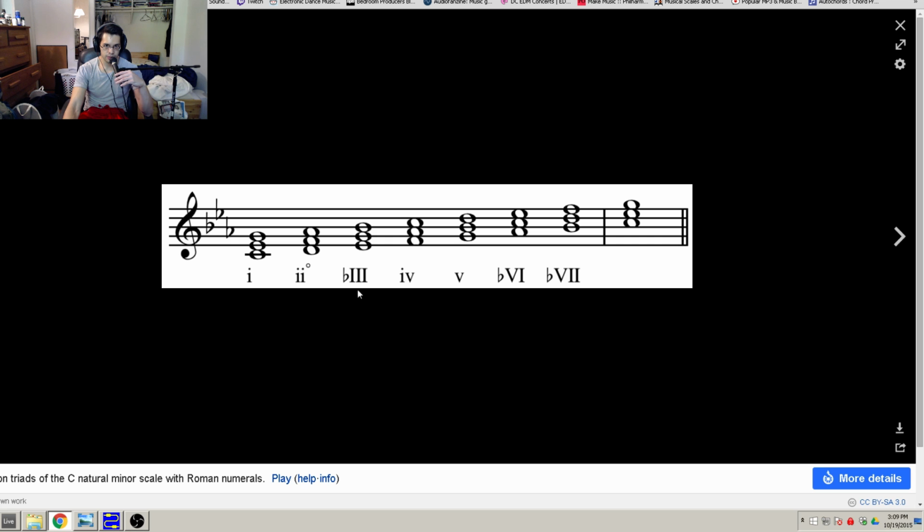What these Roman numerals mean: a lowercase Roman numeral means it's minor. So a lowercase I means it is the 1 chord of the scale and it's minor. Something with a circle that's lowercase means diminished. Something that's capital means major.